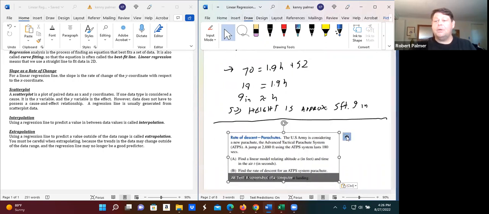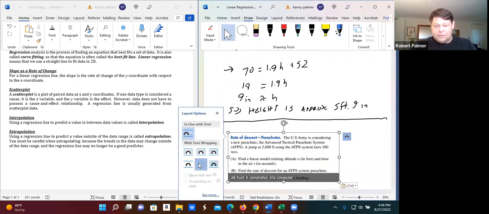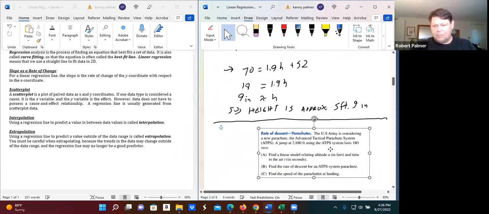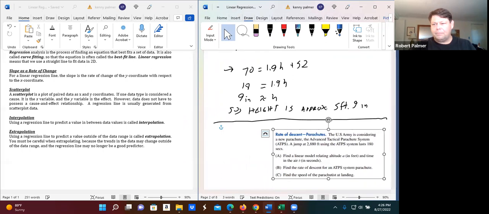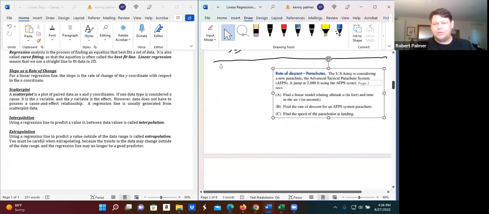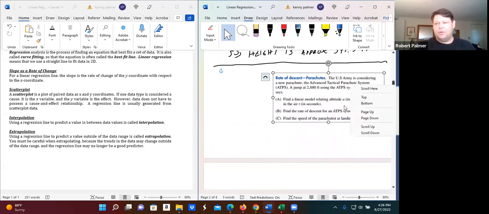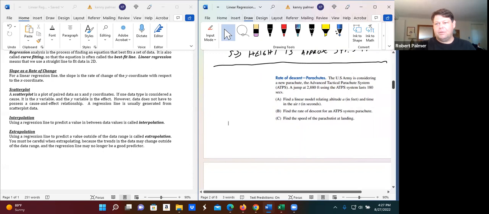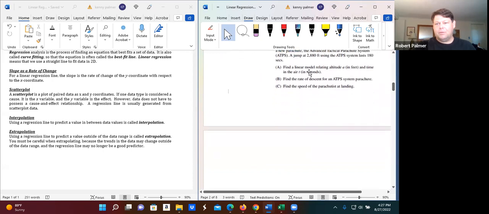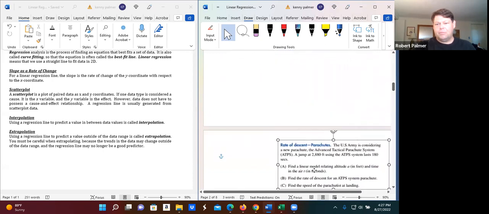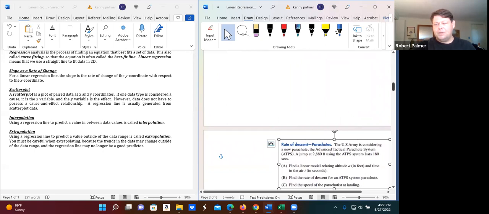Let me adjust this so we can move it around. Let's read this one. In fact, I'll just go down to the next page, make it easier to work with. Start on a new page.